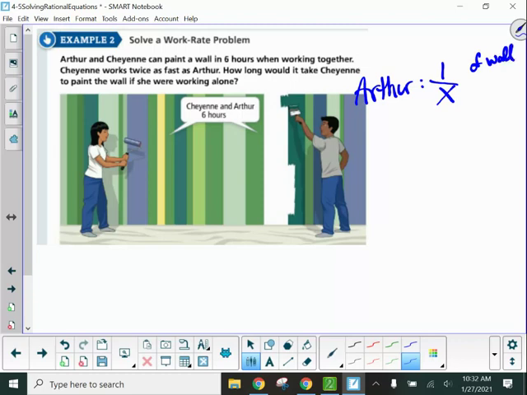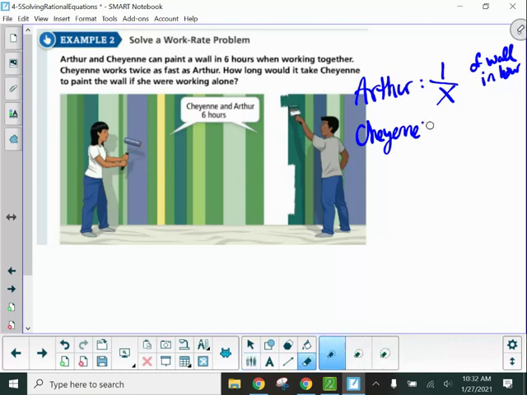So 1 over x of a wall in an hour. Cheyenne, she paints twice as fast. So if Arthur paints 1 over x, Cheyenne is going to do 2 times that, so she is 2 over x in an hour.